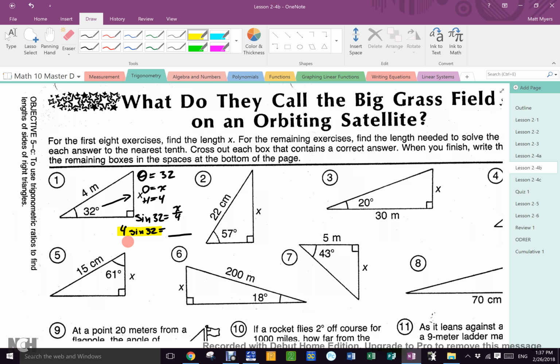Great. Number 22 looks different. Do we treat it any differently? No, of course not, because we don't treat things differently based on their looks. Do we have a theta? 57. Once I have theta, I check my O's, A's, and H's. There's an X there, that's an O. There's a hypotenuse.